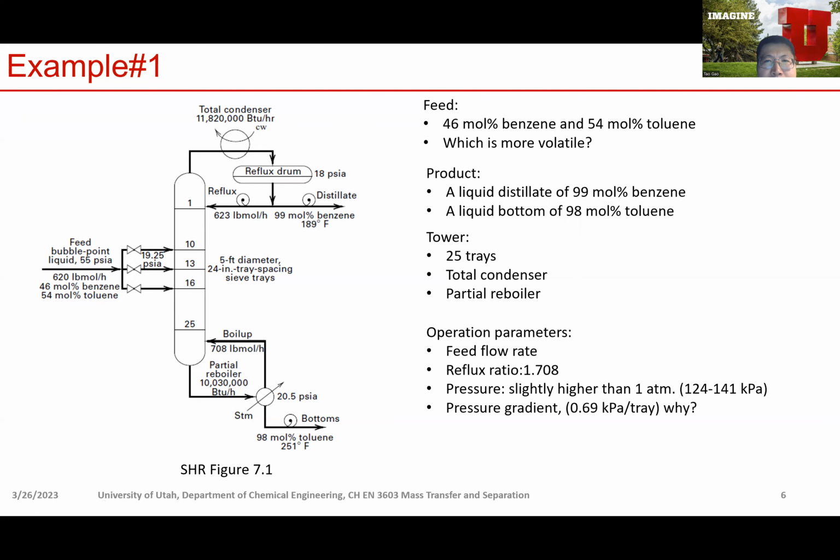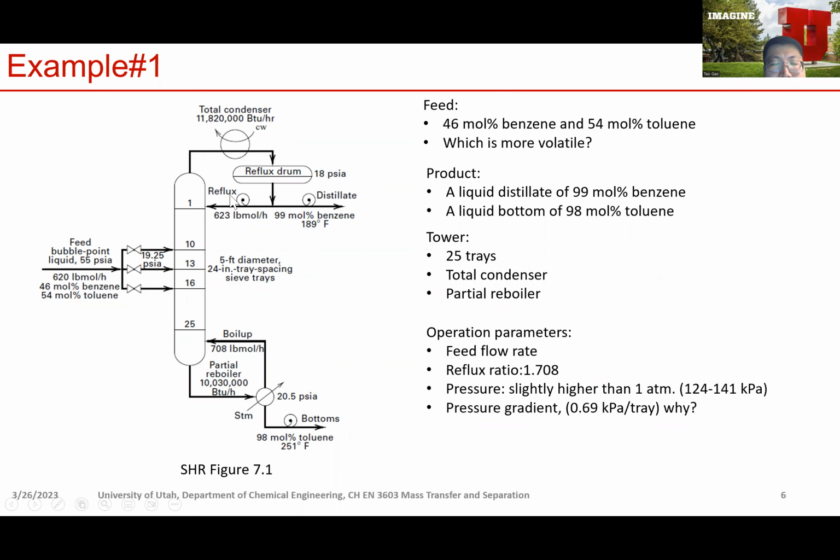Now, one question is, which is more volatile, benzene or toluene? The answer is benzene, because benzene basically ends up in the distillate. When the vapor goes up, it enters a total condenser, and the vapor will be condensed into a saturated liquid, which is partially returned back to the tower.